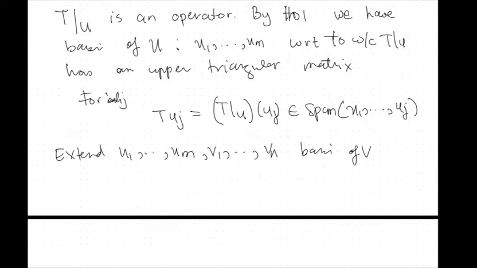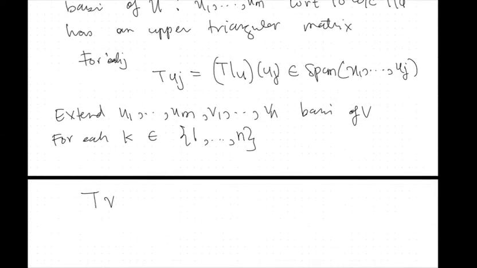And then for each k in the set 1 to n, we get the linear operator applied to v_k. This is just (T minus lambda I) v_k plus lambda v_k, the same as from before.